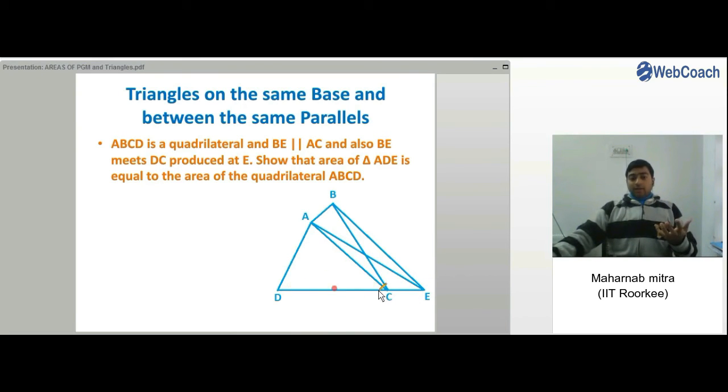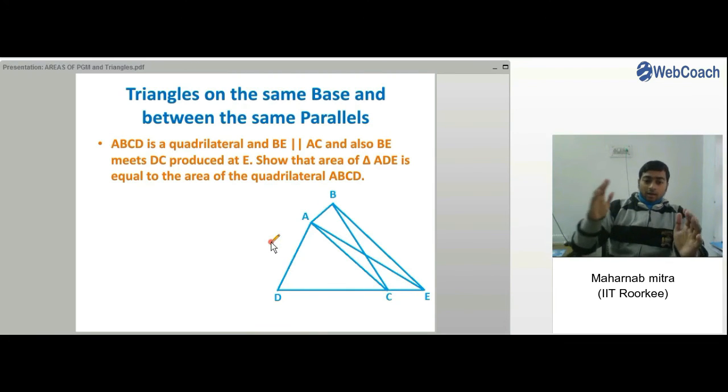Or you can say DCE is a straight line. AC parallel to BE is given, right? And let us see what else is given. Show that the area of triangle ADE is equal to the area of quadrilateral ABCD.